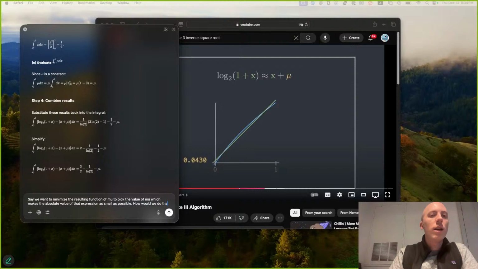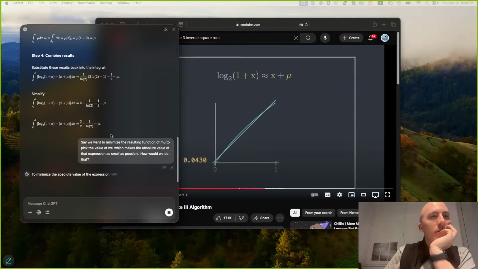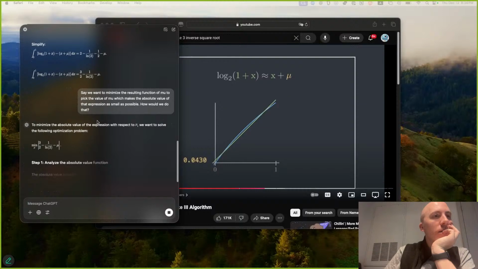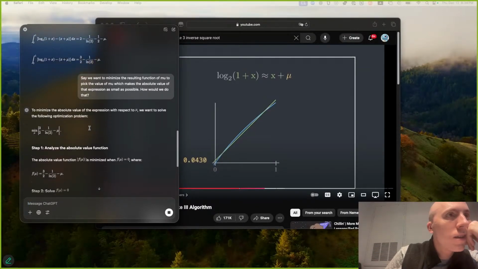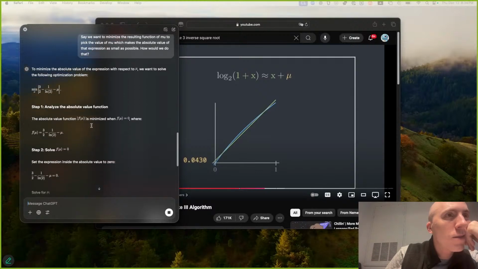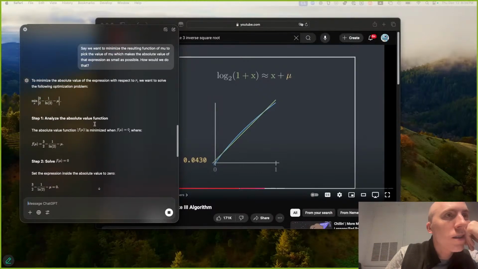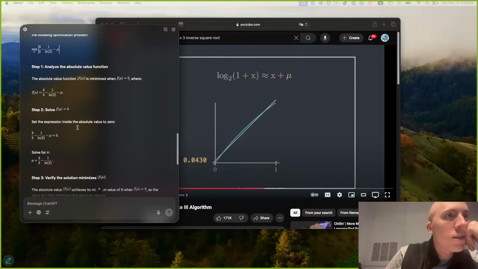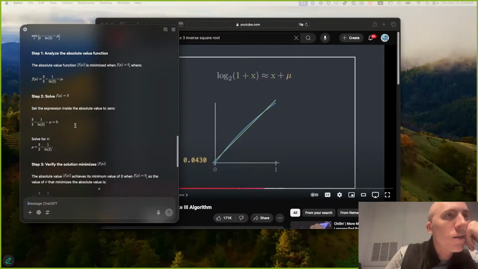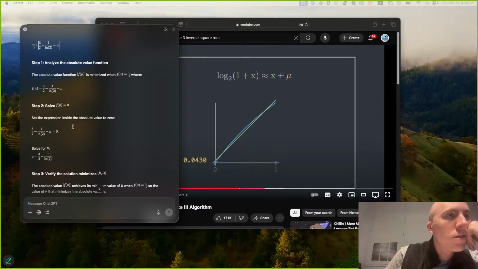How would we do that? Take the minimum over mu of that thing, analyze the absolute value function. It is minimized when this thing is equal to 0, sure. Solve when this thing is equal to 0. That's true. It is minimized when this thing is equal to 0.